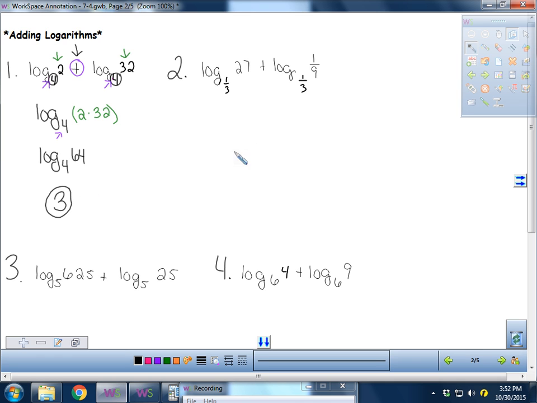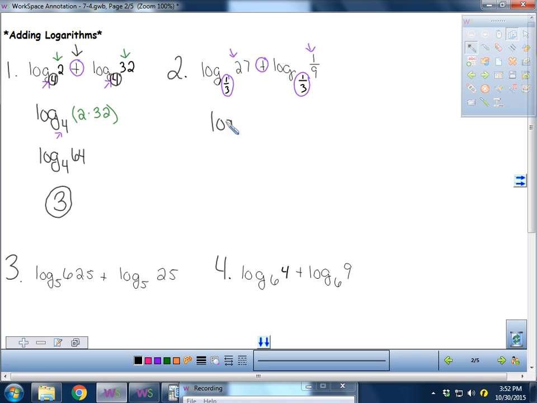All right, so let's take a look at number 2. Again, you always check to make sure that you have the same base for your logs. So we have a base of 1/3 and a base of 1/3. We are adding, which means that eventually we're going to multiply the 27 and the 1/9. So we'll combine these into one log.